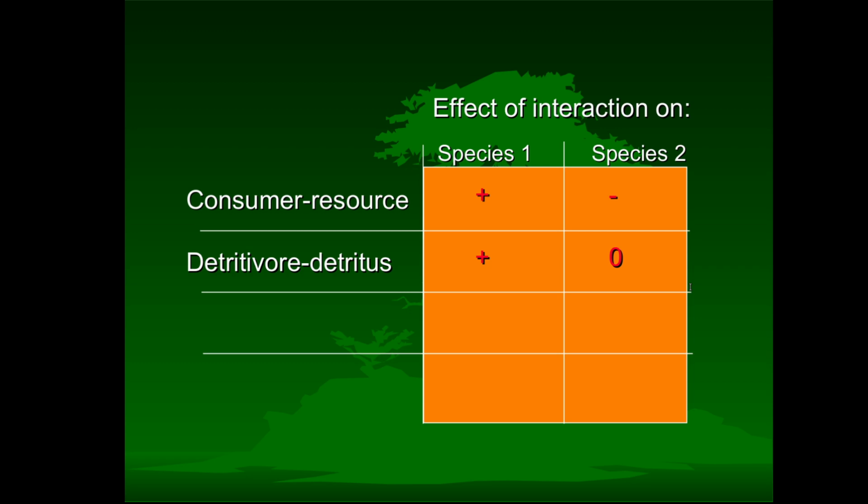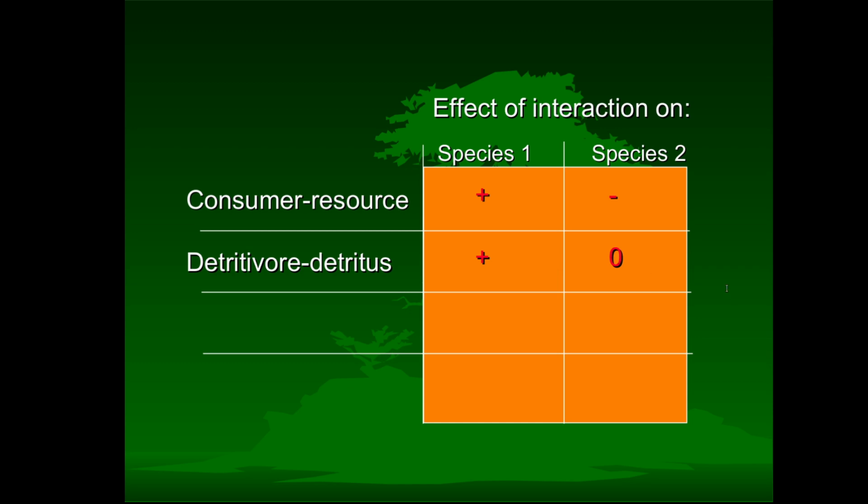One benefits, the other does not have an effect at all. So the detritivore's fitness increases, or the commensal's increases, but the species belonging to the detritus obviously is unaffected because the detritivore eats no living individuals. Okay, so plus-zero is one type of interaction.